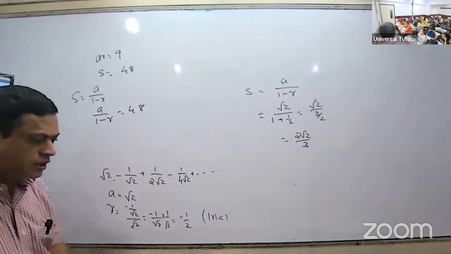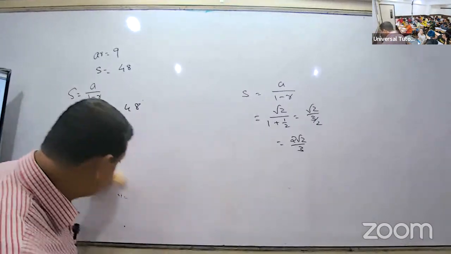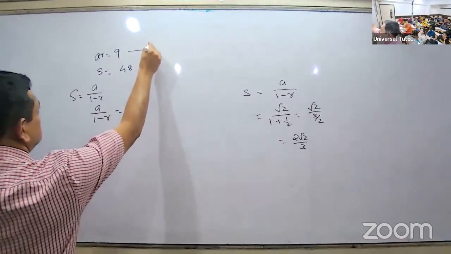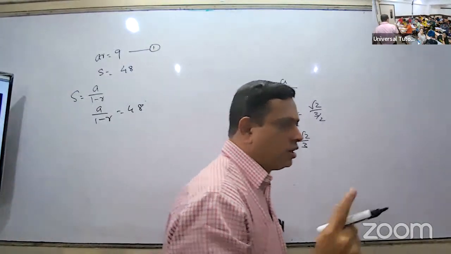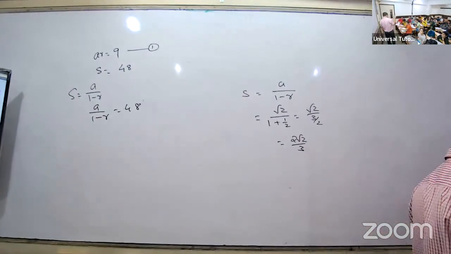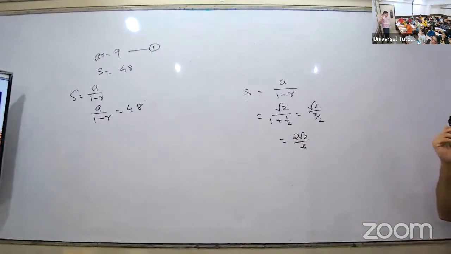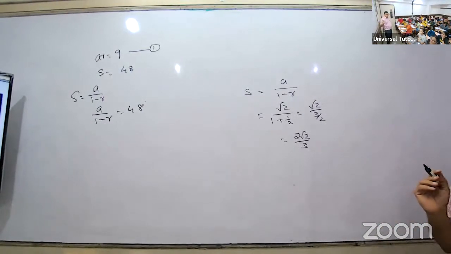Cross multiply, second condition given. Then can you solve, find the value of A and R? Two conditions you got already. This is one condition. Always remember, if there are two unknowns, you will get two conditions. One unknown, one condition. Three unknowns, three conditions. So can you cross multiply? Solve it now.